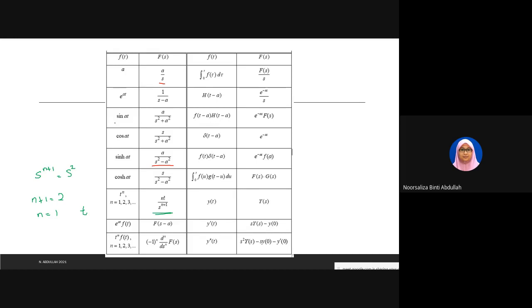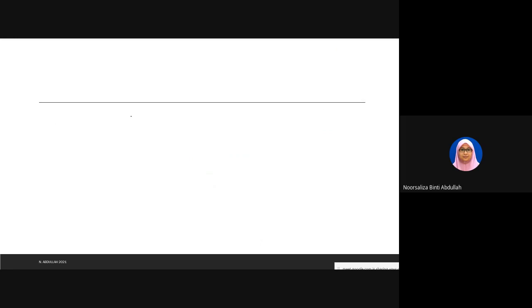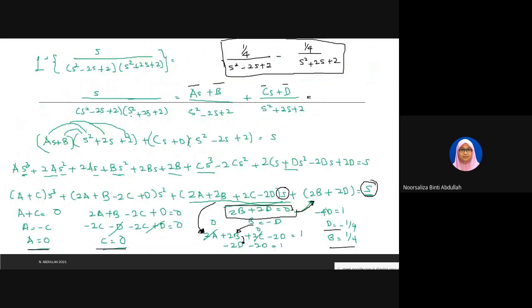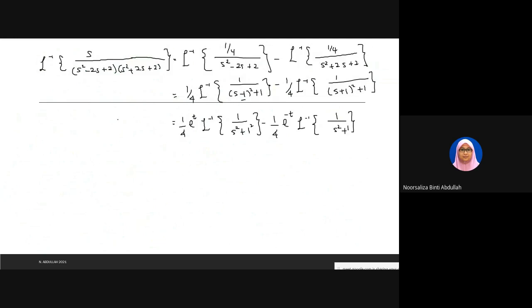Okay, so you dapat sin t. So this one is equals to 1/4 exponent t sin t minus 1/4 exponent minus t sin t.